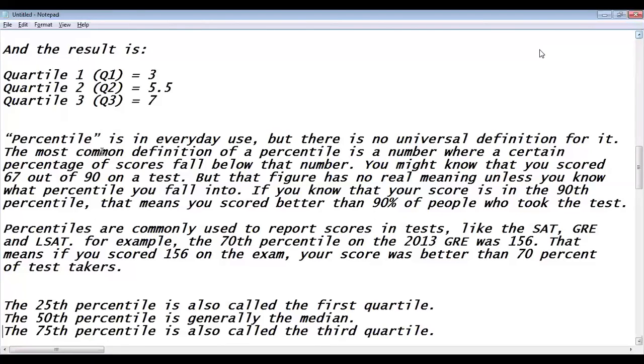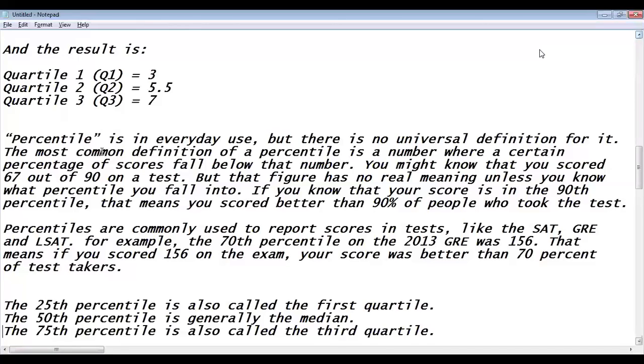Because out of 90, you can assume that everyone has scored more than you. That is, you are the last. Even though you have scored 67 out of 90, if everybody has scored above 70, you fall below everyone. So for that purpose, you must find out the percentile so that you can know where you stand.